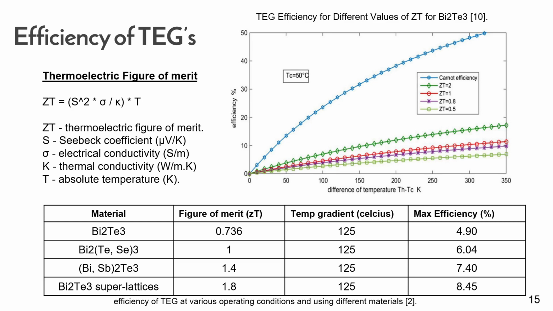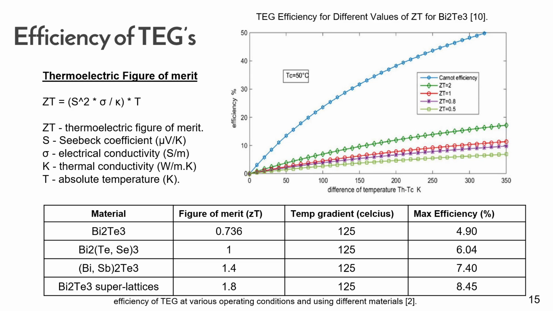The figure of merit gives a broader idea related to the efficiency of TEGs, and ZT is used for designing the TEGs for specific applications, such as changing the electrical conductivity changes the value of the figure of merit, and changing the thermal conductivity also changes the value of the figure of merit of a material.